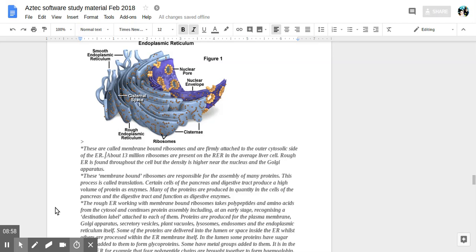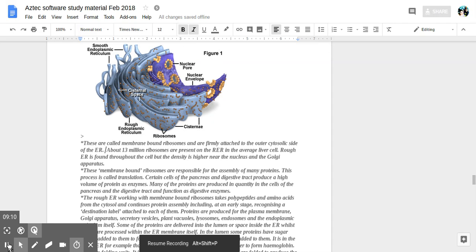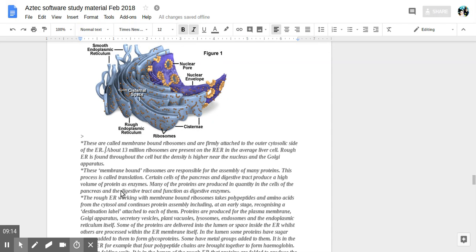Rough ER, working with membrane-bound ribosomes, takes polypeptides and amino acids from the cytosol and continues protein assembly, including, at an early stage, recognizing a destination label attached to each of the proteins.